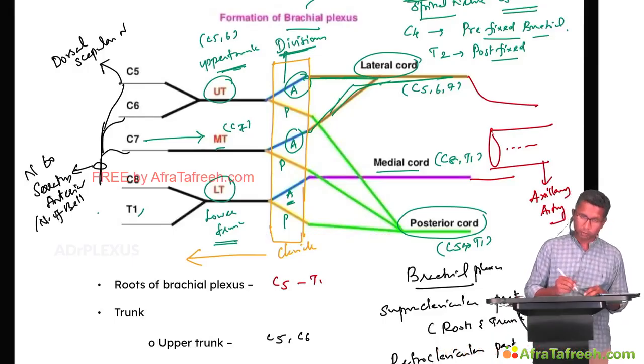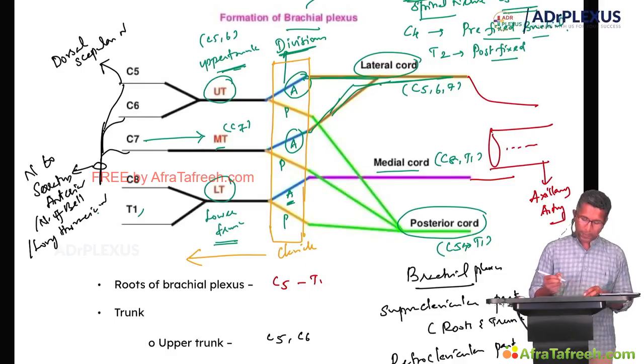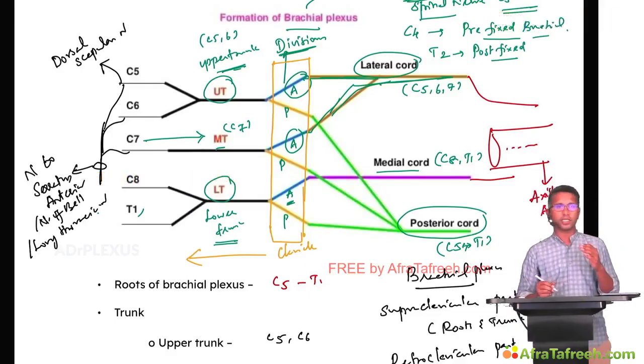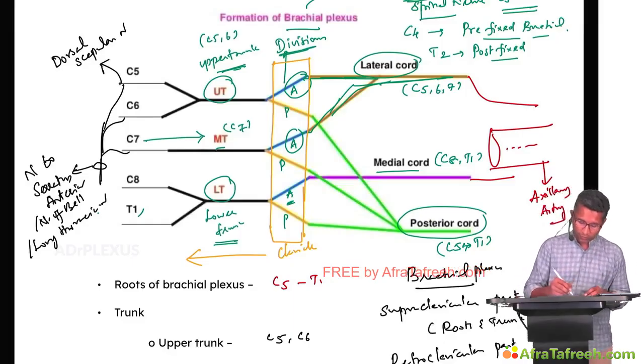It is also called the long thoracic nerve. So from C5, C6 and C7 you got an important nerve, the nerve to serratus anterior, also called the nerve of Bell, also called the long thoracic nerve.